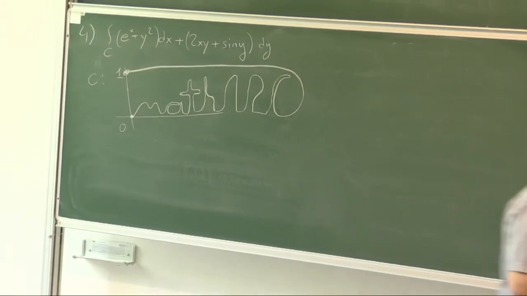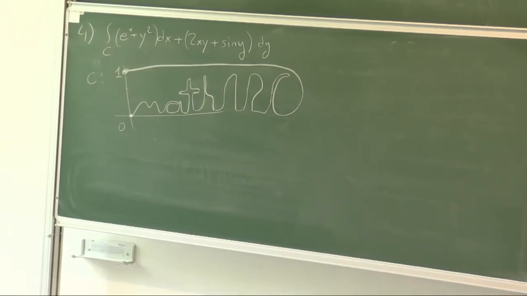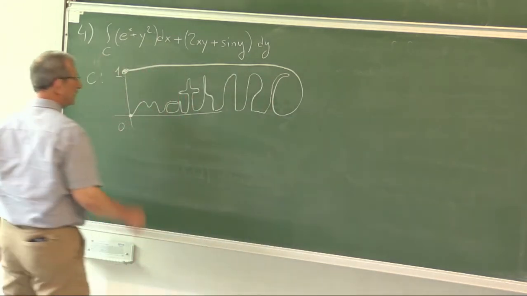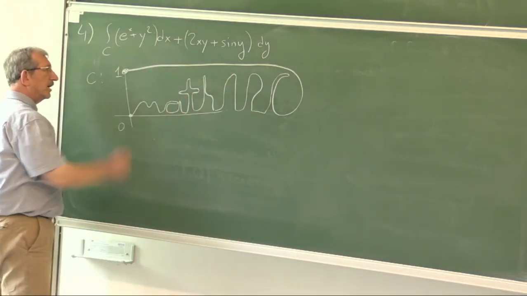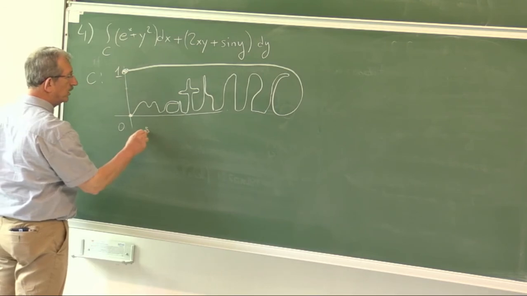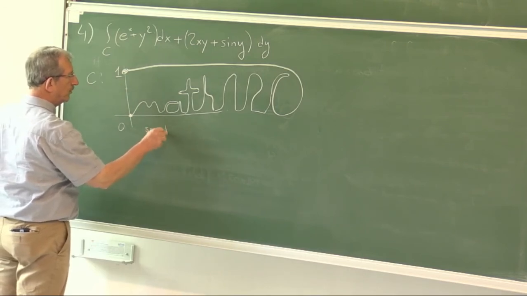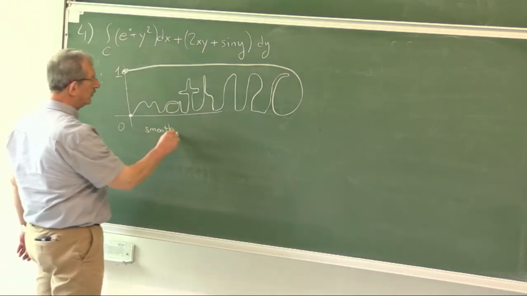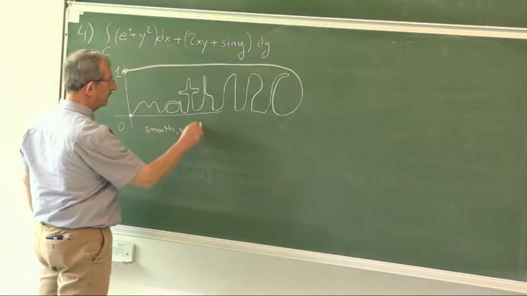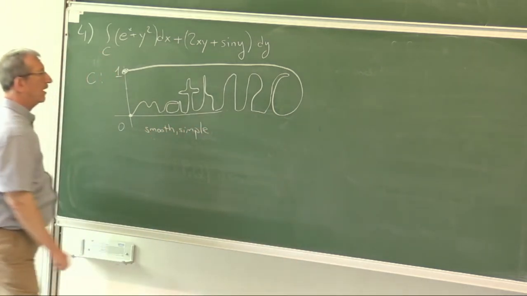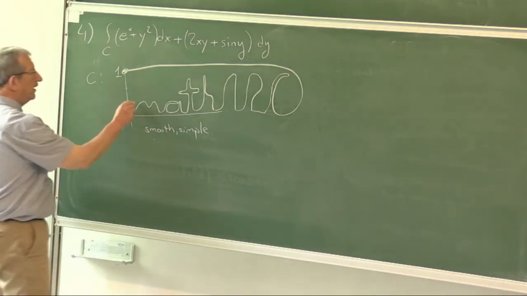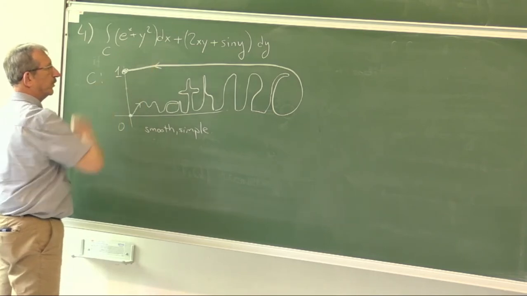Well, the first thing we observe about this picture is that, except for the endpoints, of course, it is a smooth curve in the first place. It's a simple curve, all right. Okay. It's not closed. The orientation is this one.